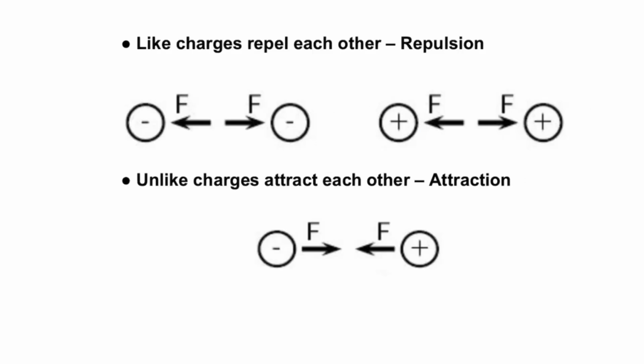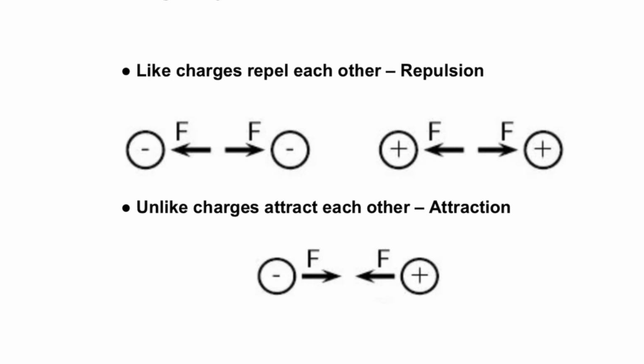This is another concept you should have covered in the previous grades. Like charges repel each other, and unlike charges attract each other. So let's go ahead and take a look. If you have 2 electrons, they're going to repel each other because they are like charges. And then if you have 2 protons, the same is true.